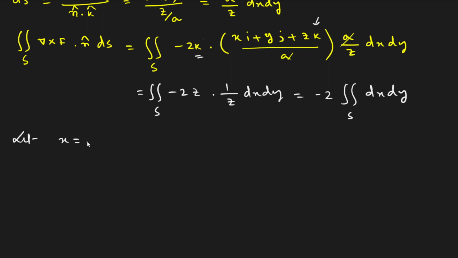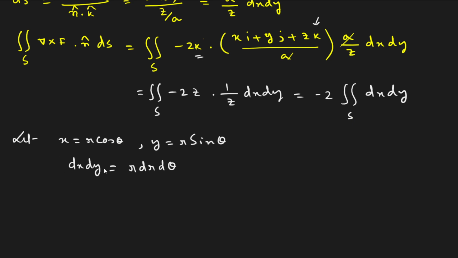You can choose x equal to r cos theta and y equal to r sin theta, the polar transformation. Already I told that the Jacobian is only r. So in place of dx dy, it will be r dr d theta. In the last lecture on Gauss divergence theorem, you saw how to find the Jacobian.